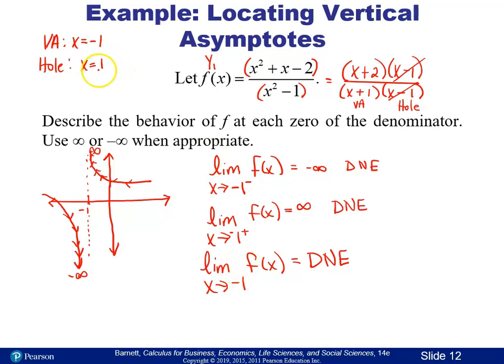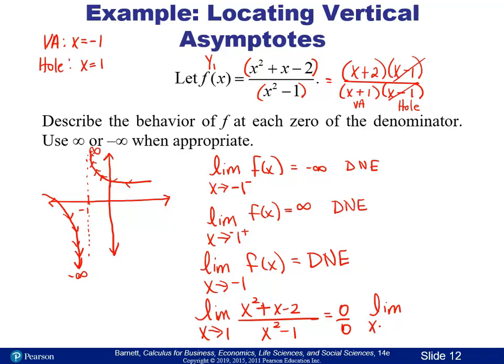If we look at the behavior as x goes to 1, we're going to look at the limit as x goes to 1 of our function. If you plug 1 into this, you're going to get 0 over 0, which is one of our indeterminate forms. We've already factored it up here, and you can see that the x minus 1s actually cancel out. That was one of the techniques that we looked at in the last section.